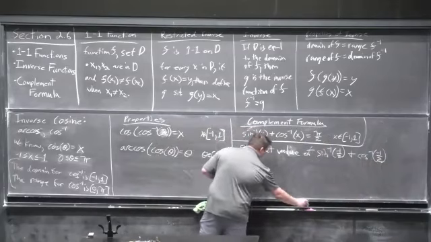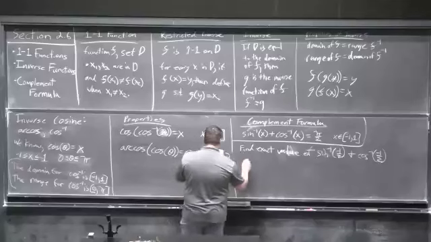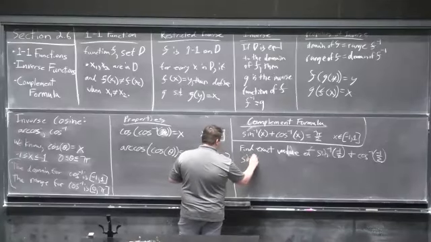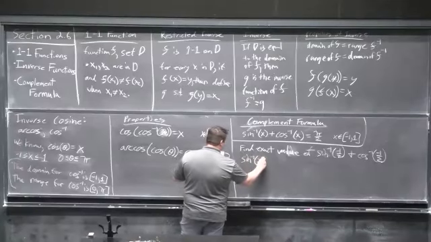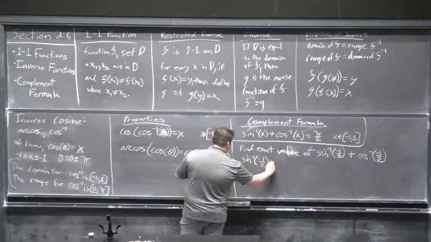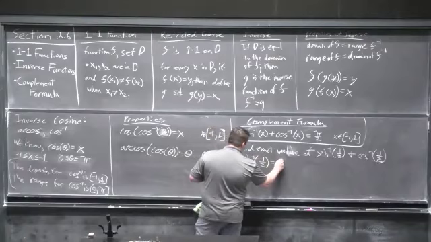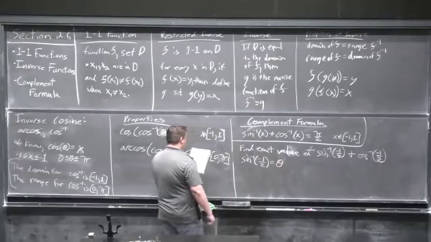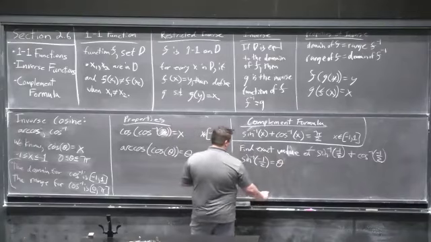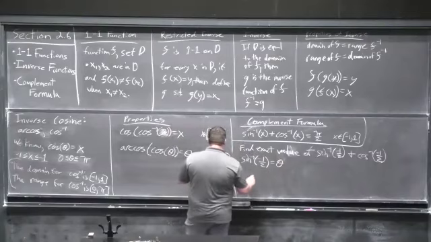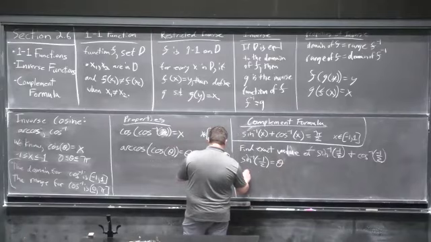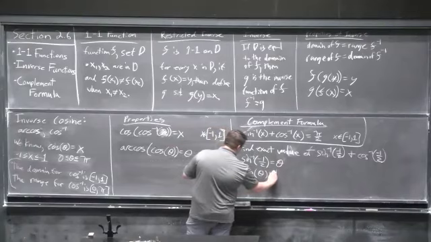What do I mean by this? Well, we can take sine inverse of -1/2, and we know that that's equal to some theta. So we can say that sine of some theta is equal to -1/2.